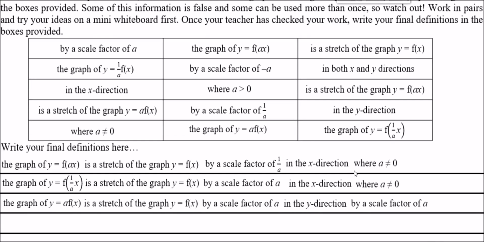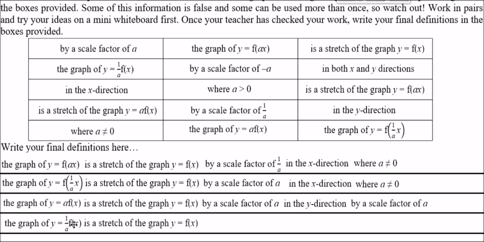And the last one, there's one more because there's 4 definitions we need, is the graph of 1 over a f of x. Again it's a stretch of y equals f of x. Because this is outside of the brackets, again it's going to be affecting the y direction, and in a common sense way.